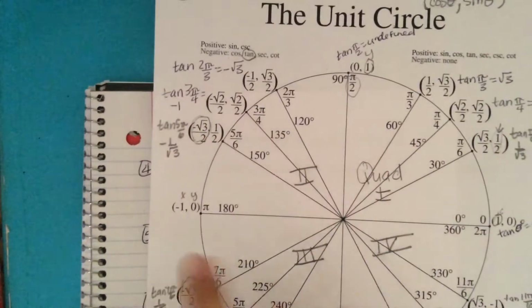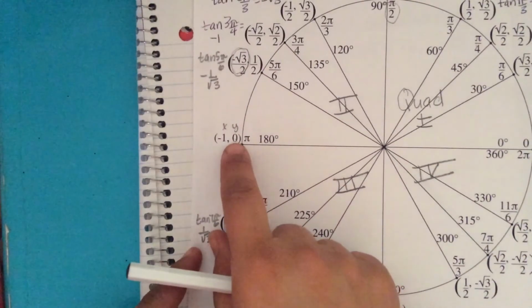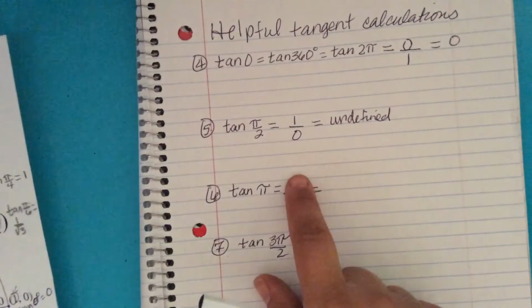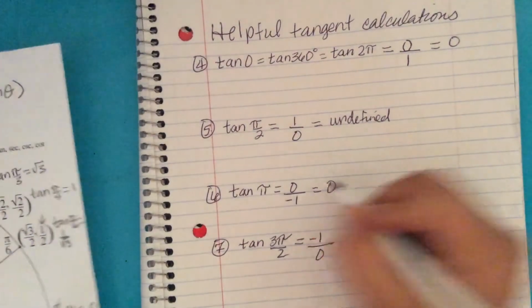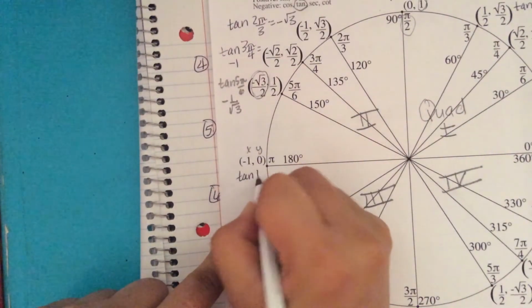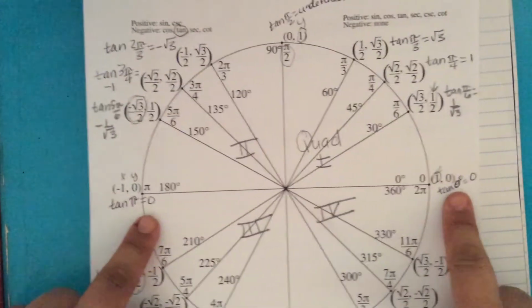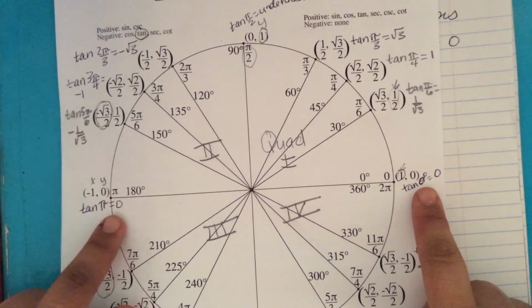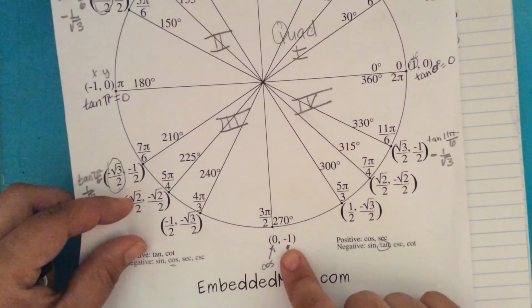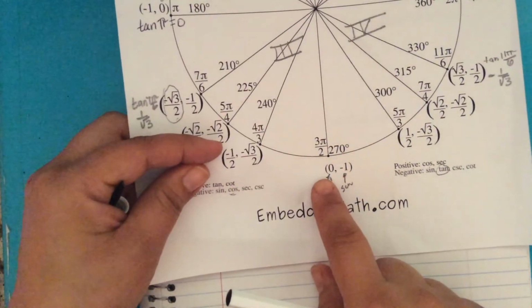Then we're going to find the tangent at pi. So tangent of pi, if you go to the unit circle, is 0 over negative 1. 0 over negative 1 is 0. So that means that the tangent of pi is 0. Notice that the tangent is 0 on the x-axis. And then over here, you're going to find the tangent of 3 pi over 2, which is negative 1 over 0.